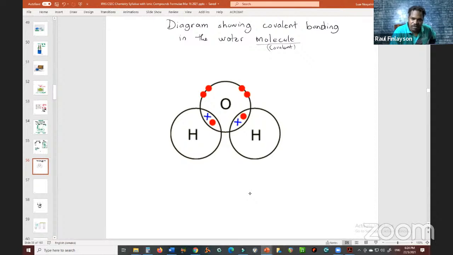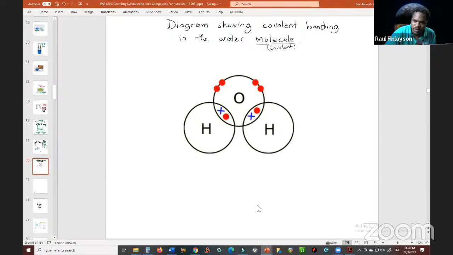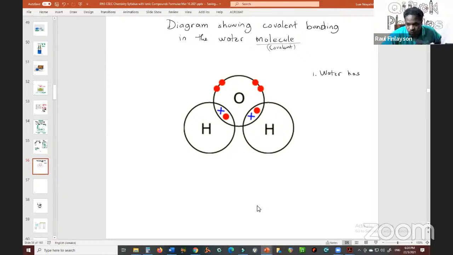So this is the diagram. What can be said of this diagram in front of you? There's a covalent bond. So water is covalently bonded. You could say the obvious: 2 hydrogen atoms and 1 oxygen atom.